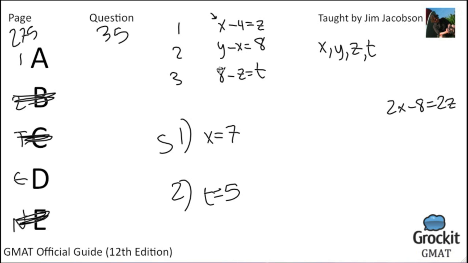We'd start off, of course, by substituting it into equation number 3 up here, so then we could figure out our value for z, and we would be able to go from there. Once we had z, we could go to statement 1, etc. So, statement 2 is also sufficient, ruling out statement 1 on its own. Means answer choice D is our correct answer for the question.